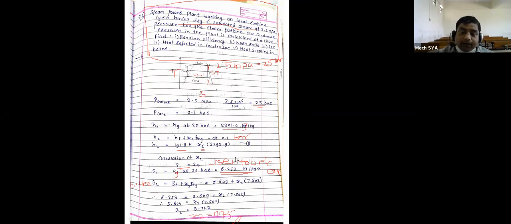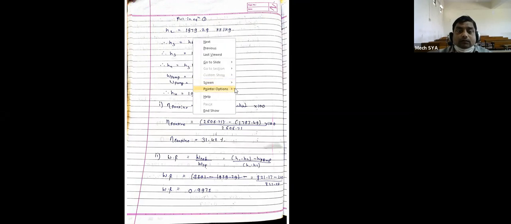So x2 is equal to 0.75. Now we have to put that value of x2 in equation 1. So h2 is equal to hf plus x2 into hfg, an equation we know.